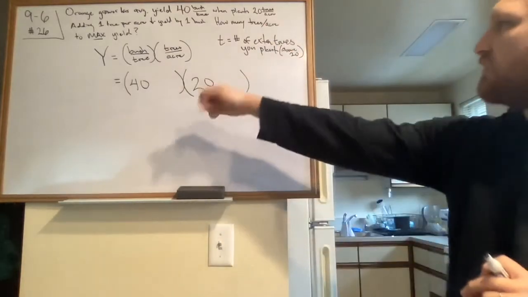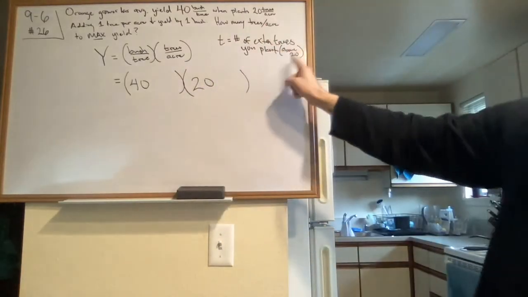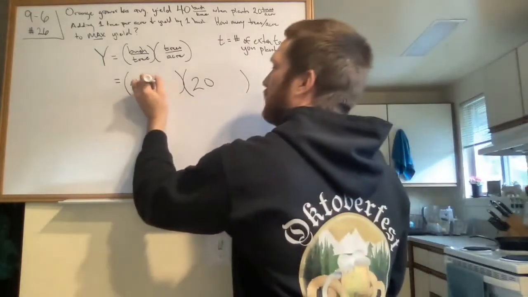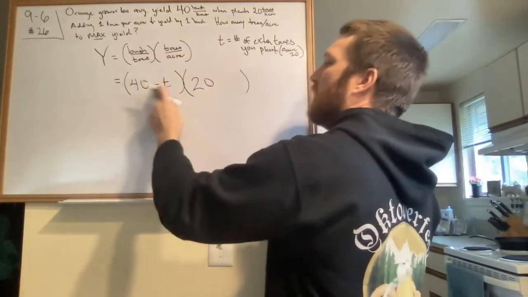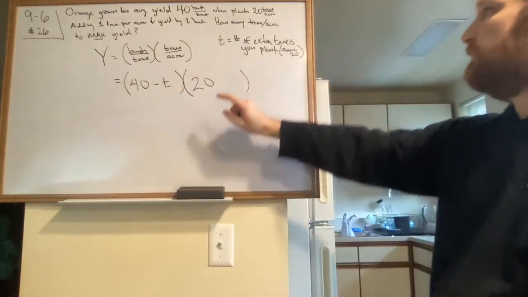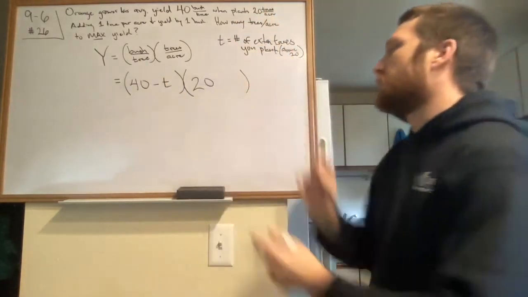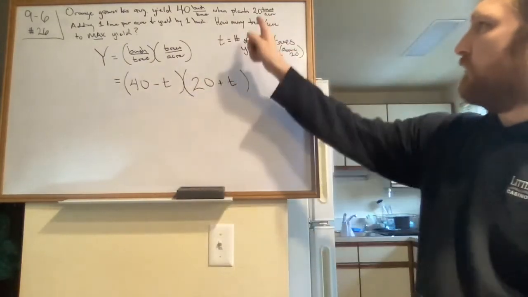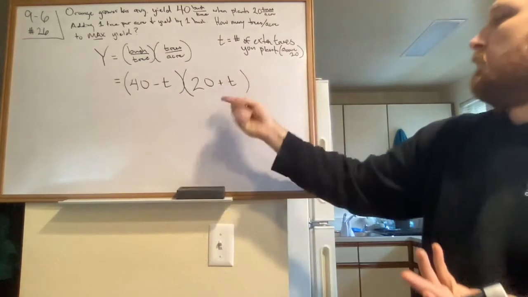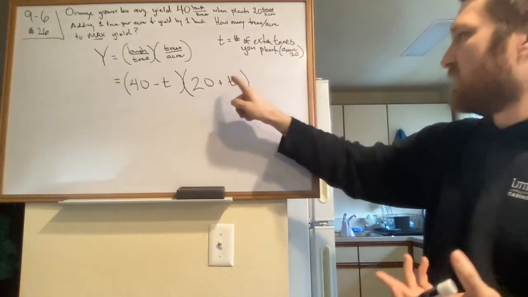So for every extra one I plant above 20, this goes down by 1. So you could say minus 1 off for every extra tree. And then of course this would be plus T right there, because for every one extra tree you have above 20, you have a total of 20 plus T.